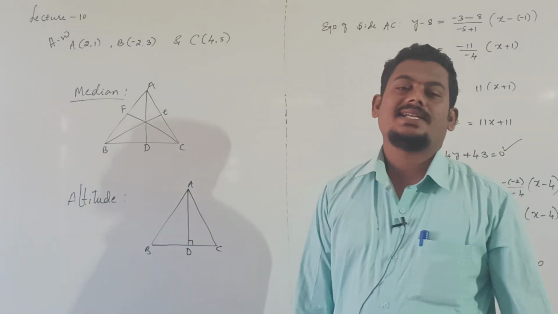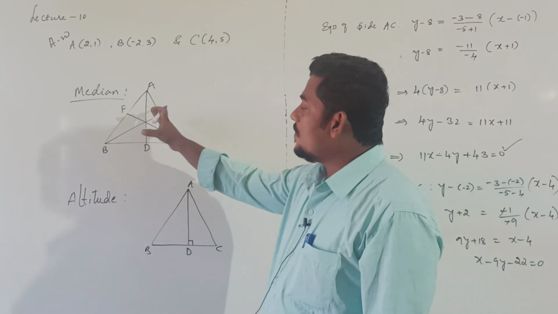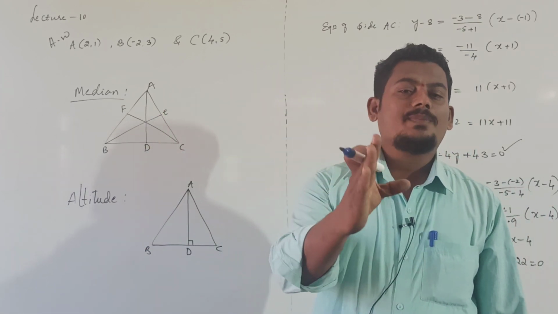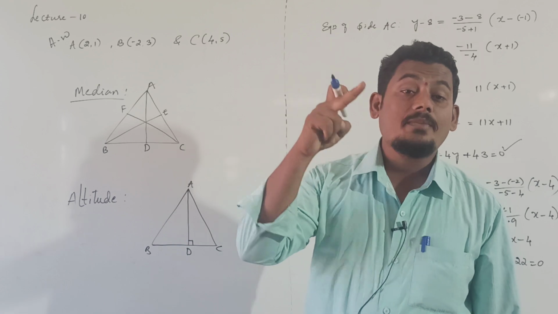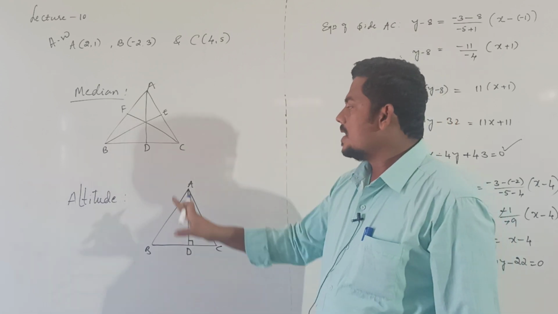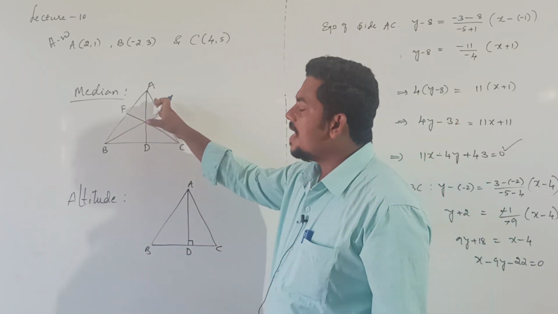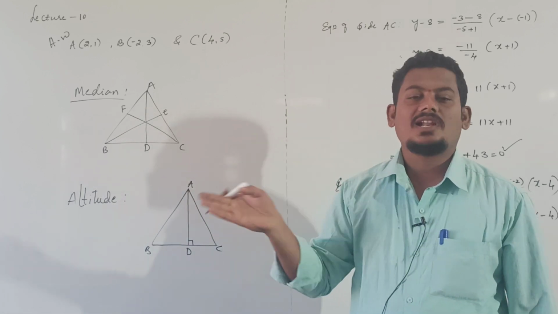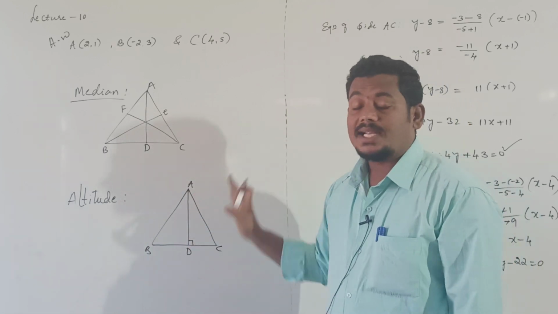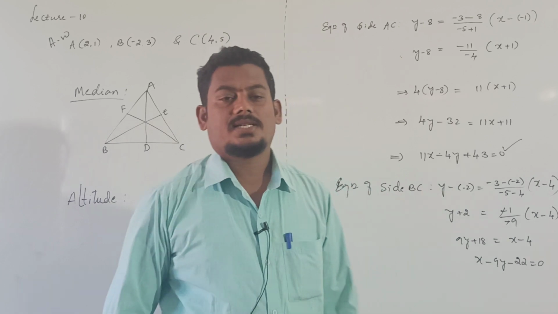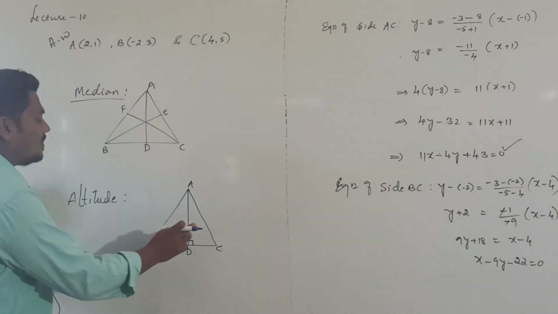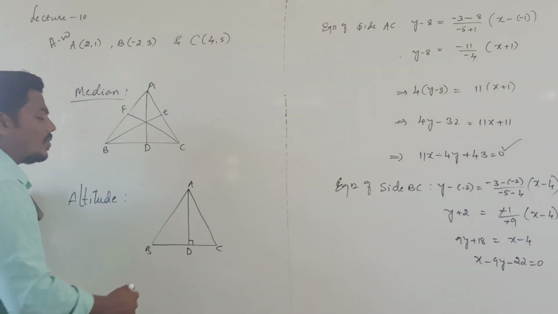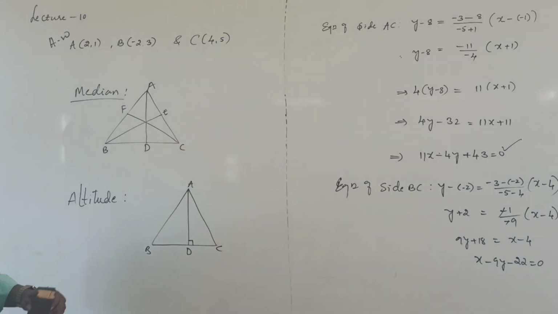Then what is the definition of median? A straight line passing through one vertex and midpoint of opposite side. Median is not perpendicular to opposite side, but altitude is.